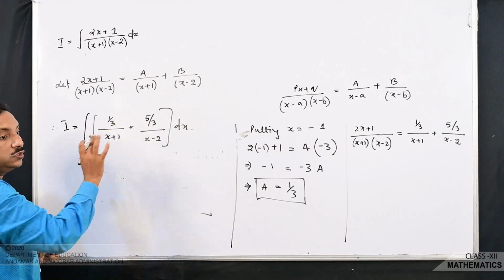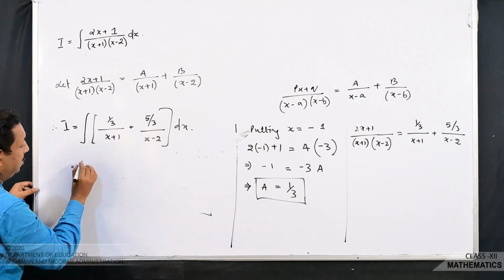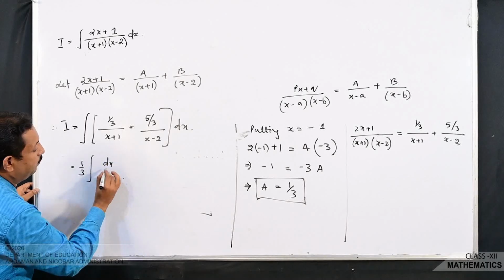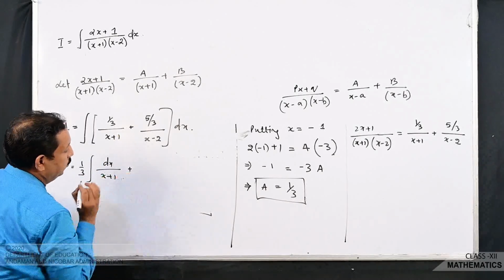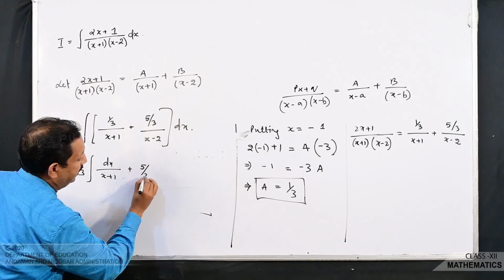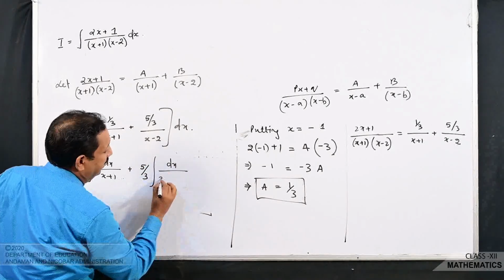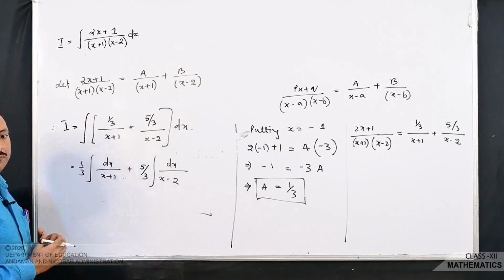Now I make two separate integrations. I take 1 by 3 out, integration of dx upon (x plus 1), and here is plus, so I put plus, and 5 by 3 again I take out, and integration of dx upon (x minus 2). Okay, two separate integrations I formed.